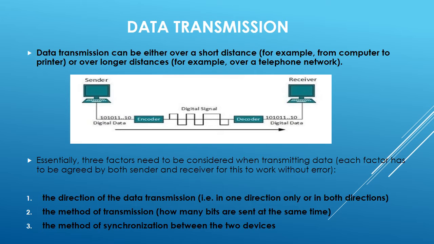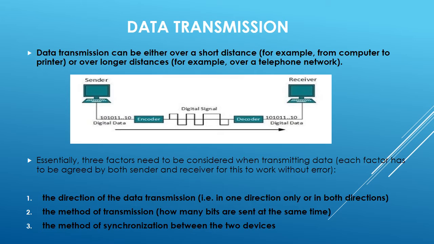Essentially, 3 factors need to be considered when transmitting data. Each factor has to be agreed by both sender and receiver for this to work without error. Number 1, the direction of data transmission, that is, in one direction only or in both directions. Number 2, the method of transmission: how many bits are sent at the same time?